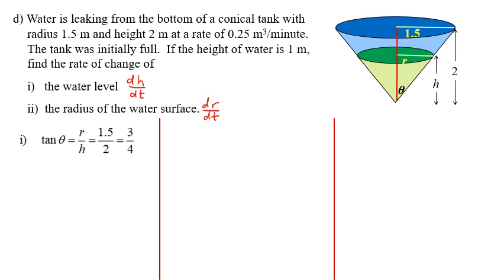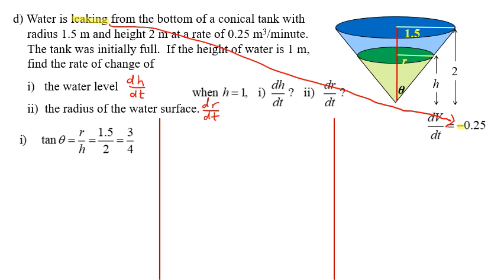Okay, and then the rate is given as 0.25, and notice here the sign is negative because it is leaking. Okay, so since it's leaking, you have to put a negative sign. And then, as I mentioned, the first question asks about dH/dt, and the second question asks about dr/dt. So first we deal with dH/dt.